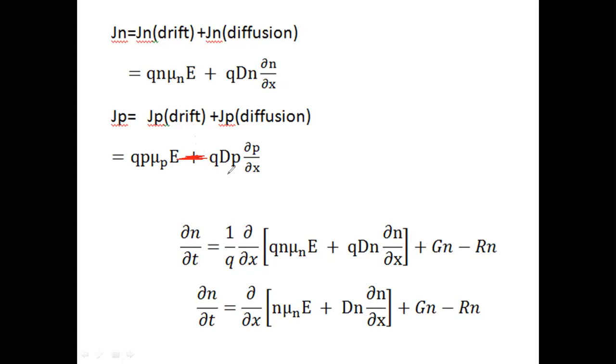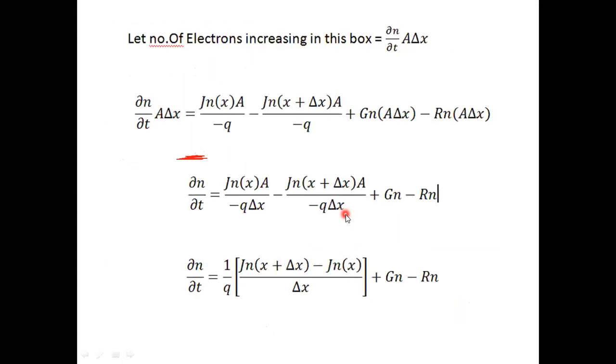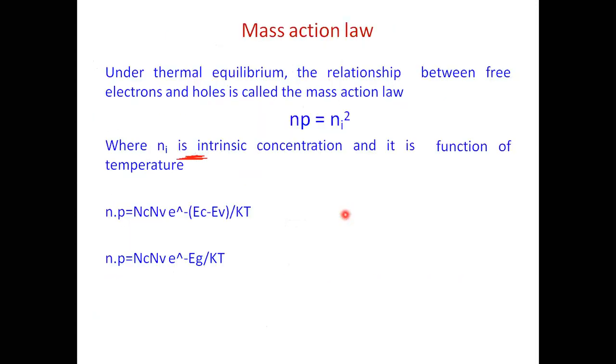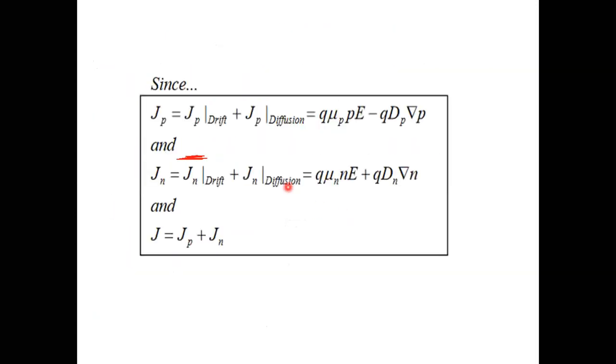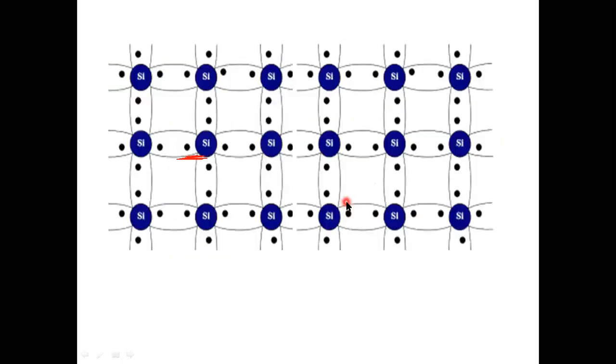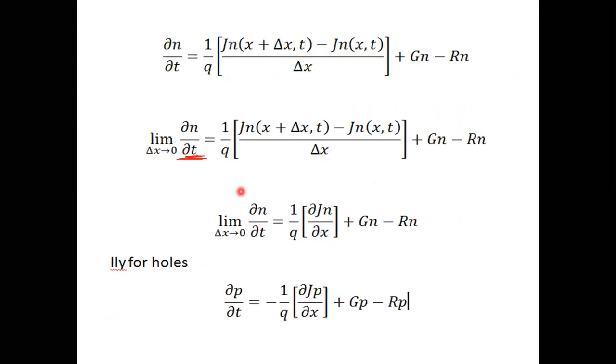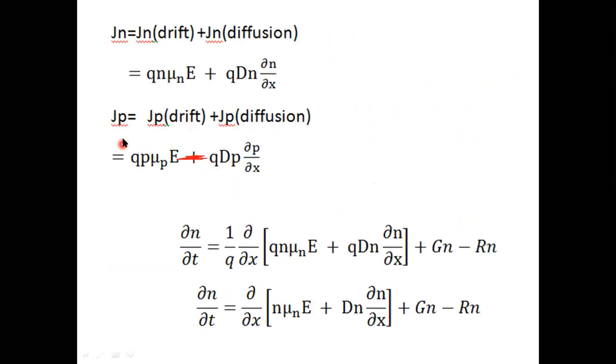Okay, this is my Jp, total Jp. If you recall, see here. For Jp, q p mu p into E minus q Dp dou p by dou x. Means here it is minus for holes and plus for electrons. I made a mistake here. It is a minus, not positive. For holes it is negative and for electrons it is positive.